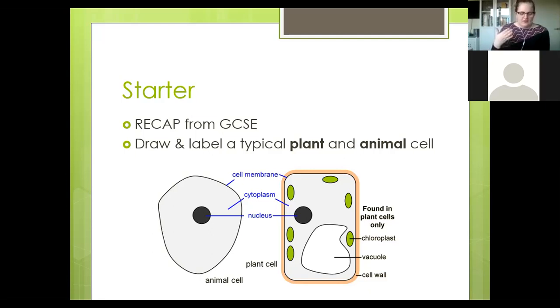And plant cells, again, when we add all these extra organelles into our animal cell that we're about to go into in a minute, plant cells have exactly the same as animal cells, plus those extras that we've spoken about in the past. So they have that cellulose cell wall.